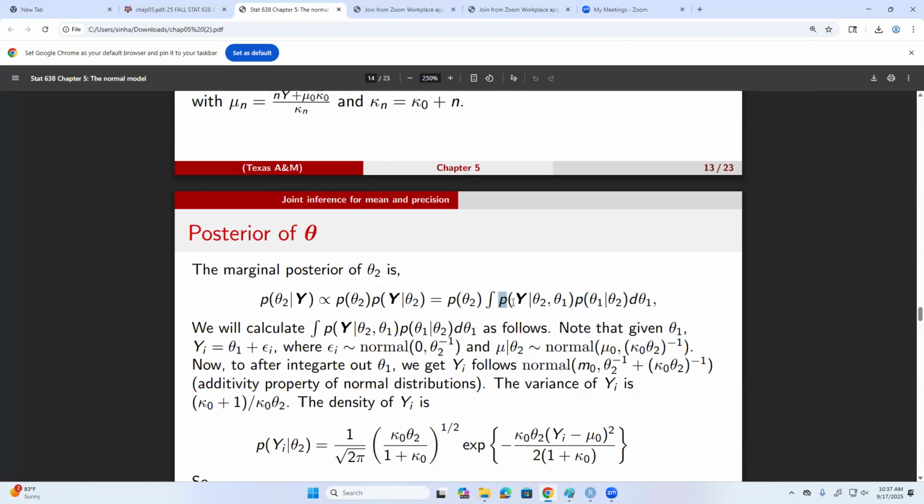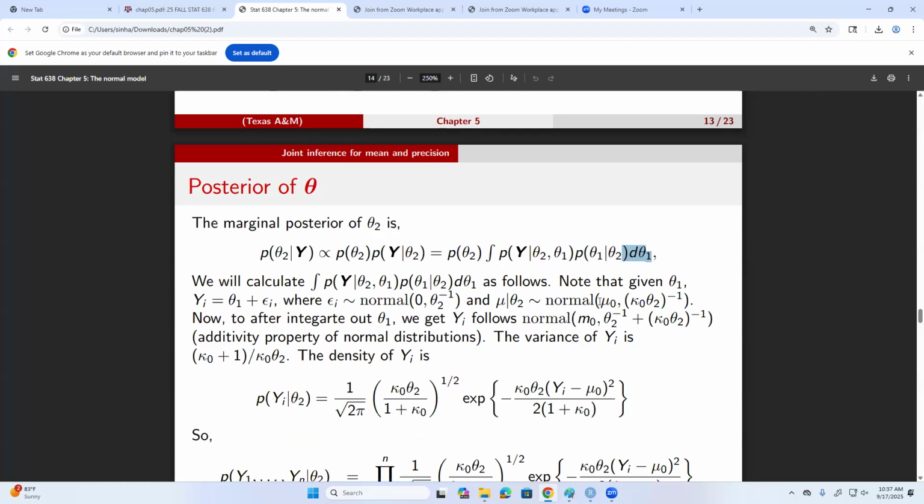So this is P of y given theta 2 and theta 1 times P of theta 1 given theta 2 times d theta 1. Now this part is the crux of the problem. For the normal distribution, some of these integrations are very important. And how do you do that integration?